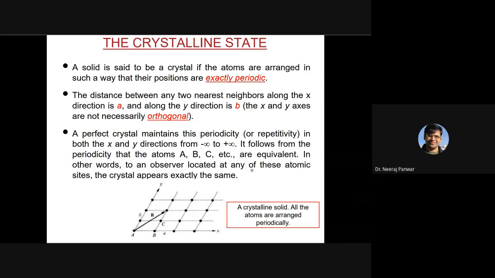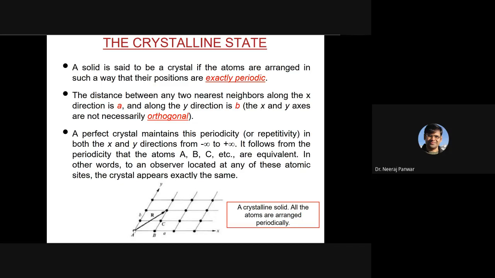So look at this picture. It follows from the periodicity that the atoms A, B, C are equivalent. Atom A is here, atom B is here, atom C is here, and we are saying these atoms are equivalent. Why are these atoms equivalent? Imagine an infinite arrangement of these atoms.